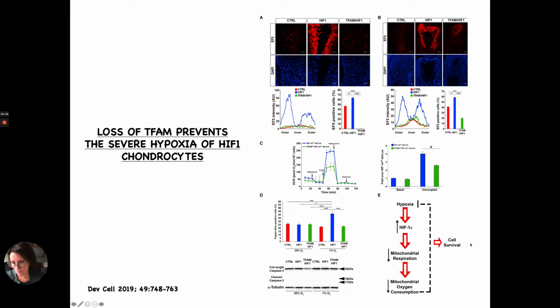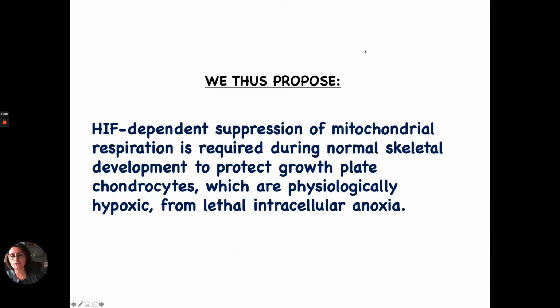In other words, when IF1 is not around, mitochondrial respiration increases, mitochondrial oxygen consumption increases, cells become virtually anoxic, and this is not compatible with life. So we propose that an IF1-dependent suppression of mitochondrial respiration is required during normal skeletal development to protect growth plate chondrocytes, which are physiologically hypoxic, from lethal intracellular anoxia.